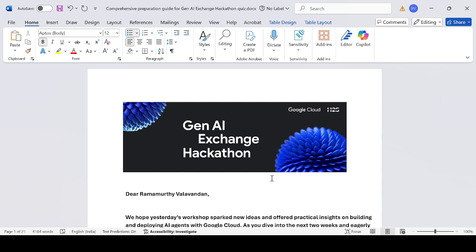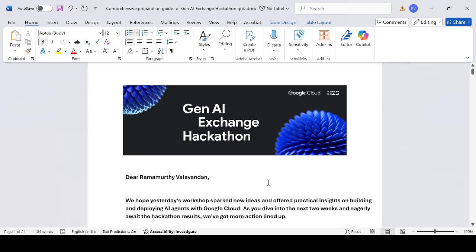I have a request for this Gen AI Exchange Hackathon that is being conducted by Google Cloud. I'm part of their hackathon. Our team, Agentic Architect, has already submitted Cement AI, which is in the process of shortlisting.